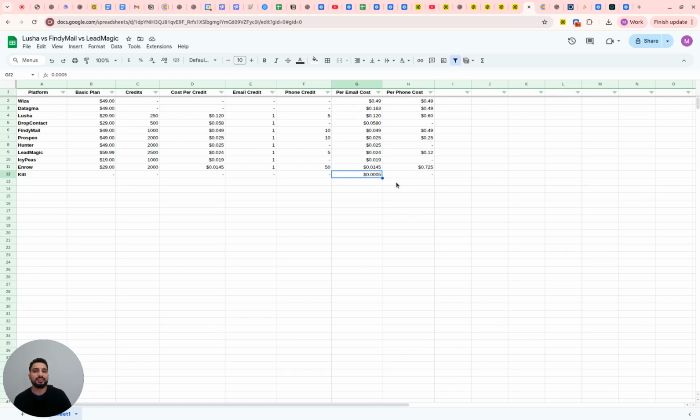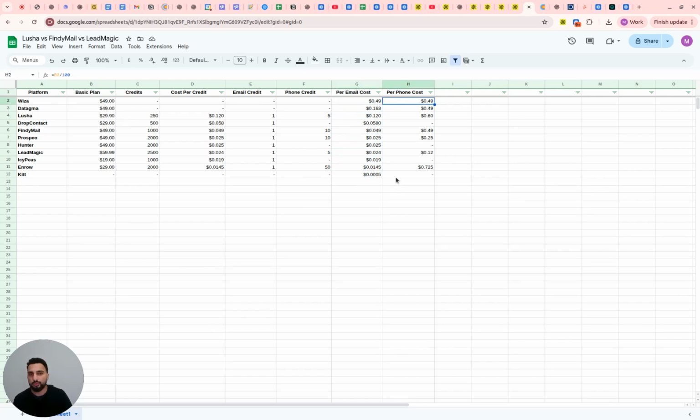In this case, Kit is cheapest because Kit directly says, I will just charge you $0.0005 per email found, rather than going through that whole credit system where you pay money, we give you credits and you spend them. They say just use it and we will charge you on the go. For the emails we are finding, per email, we are going to charge you this much. So they keep it simple. But the rest are credit based, and that's why you see their email cost credit based.